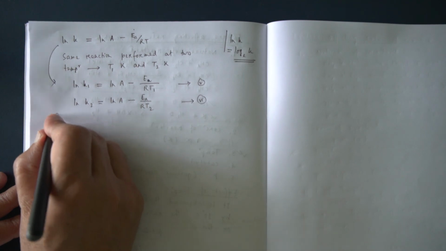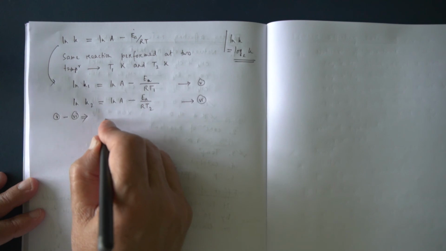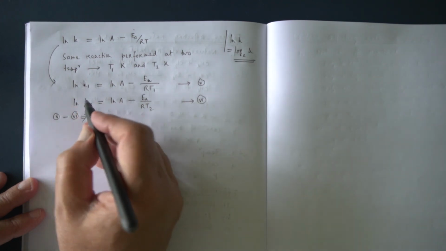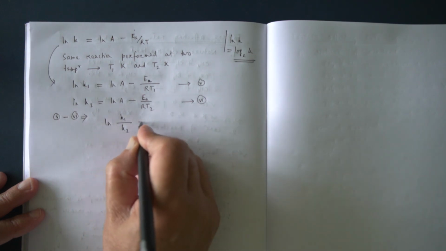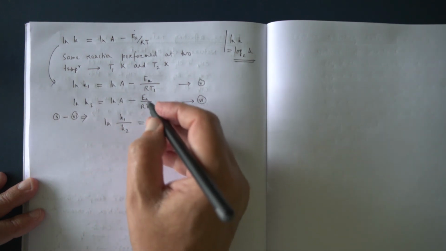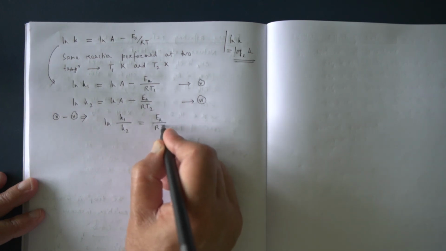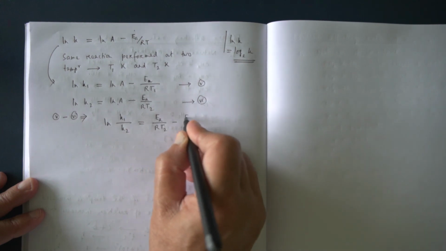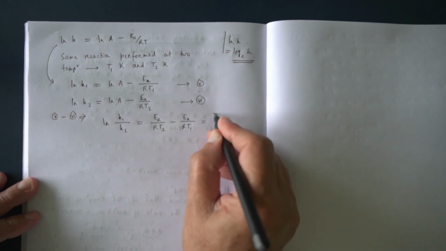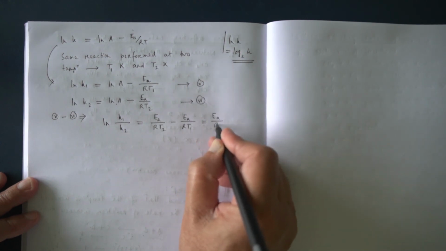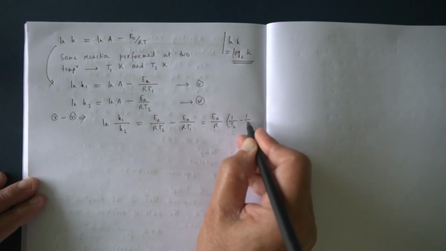Now if we do 5 minus 6, what do I get? ln of this minus this, that means ln K1 by K2. So ln A will be 0 and this will be EA by RT2 minus EA by RT1, and that is equal to EA by R into 1 by T2 minus 1 by T1.